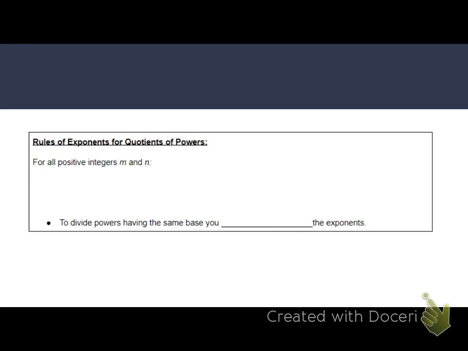First up, we've got the rules of exponents for quotients of powers. For all positive integers m and n, a to the m power divided by a to the n power is equal to a to the m minus n power.